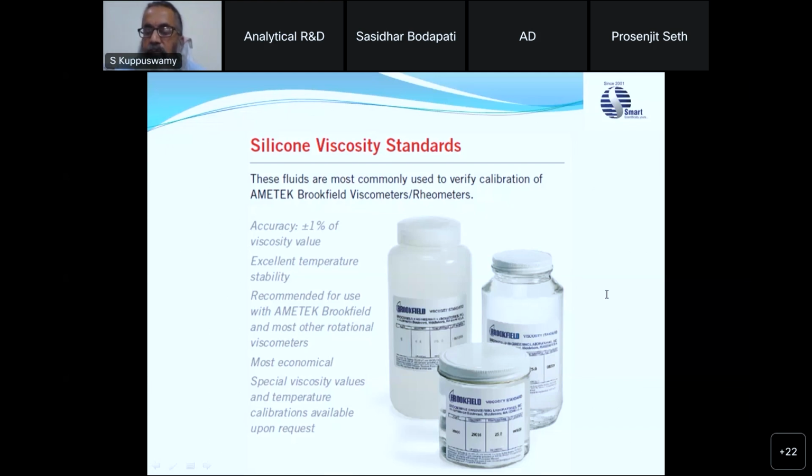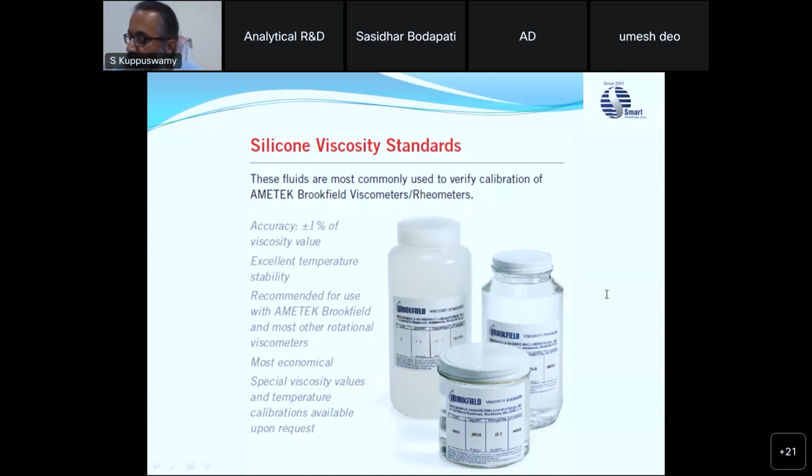What is the role of RPM in viscosity method development? Shashi, will you take that? Yes. With variation of RPM, the full scale range, the measurement range of the instrument or the spindle, changes.